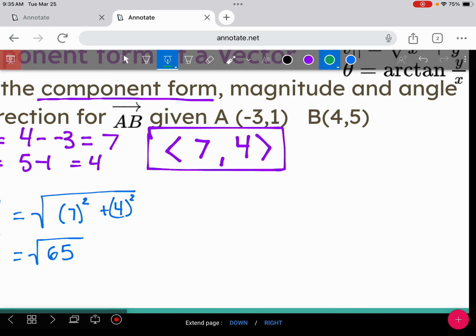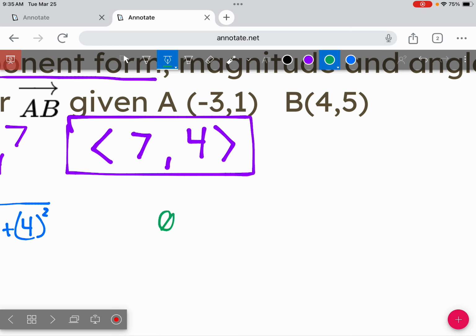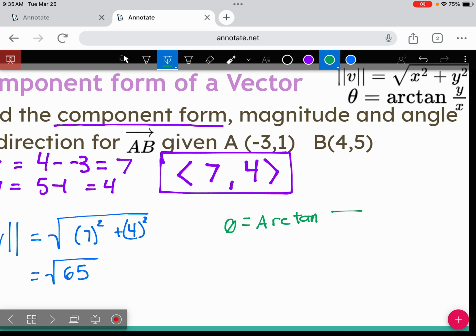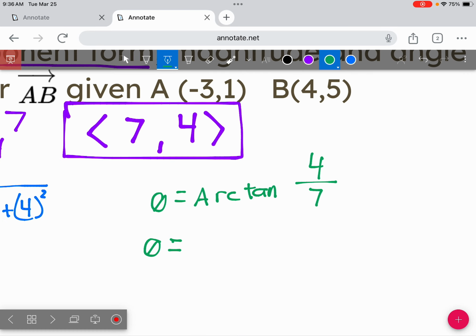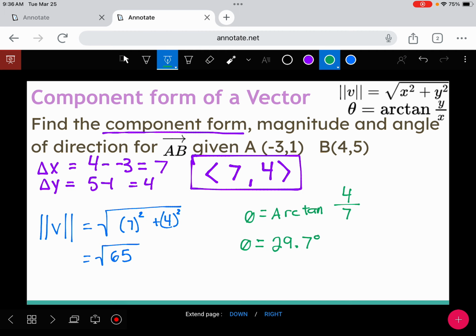So then to find our angle, our theta, we do our inverse tangent, or our arc tangent, of our y over x, 4 over 7. So what is our angle? 29.7 degrees.